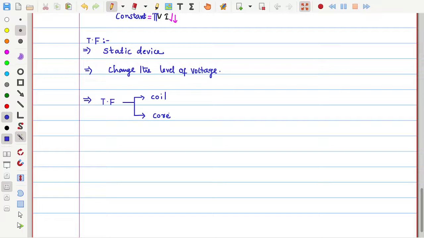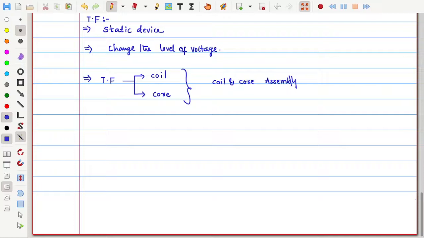Coil and core assembly put together, this we call the coil and core assembly. So the coil and core assembly constitute the transformer. Now let us see what are the functions of each of these elements, the coil and the core. Let me take them one by one.